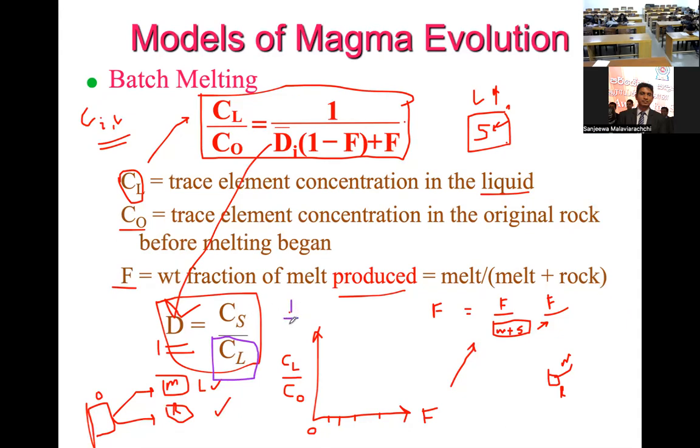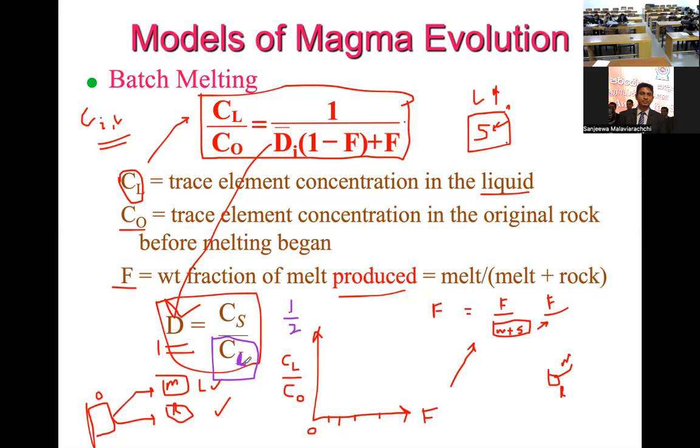If CS is 1 and CL is 2, then you get 0.5, a less than 1 value. That means the element we are considering has a preference for the liquid phase. The concentration in the liquid for that element is bigger, so that particular element prefers to be in the liquid rather than in the solid. So in that case, what kind of an element are we considering?